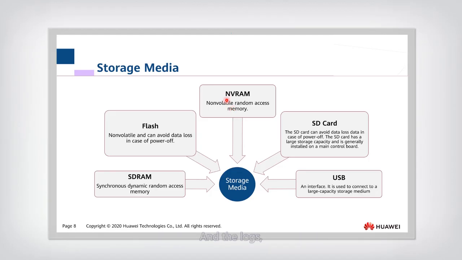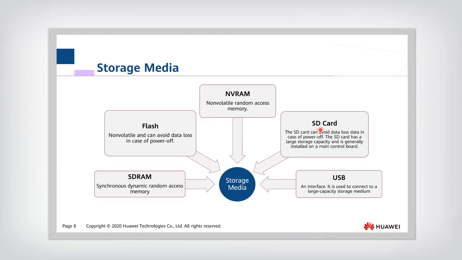And if we directly write the logs into flash, it will be very time consuming. So we write the logs into a buffer, and when the buffer is full, we finally write them into the NVRAM or the flash. Finally, we also have the SD card, which is a kind of portable storage, right?